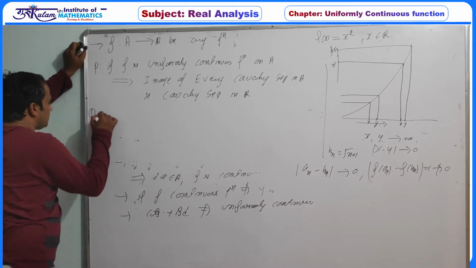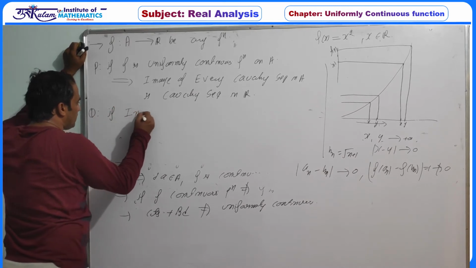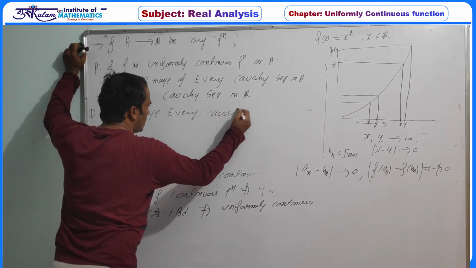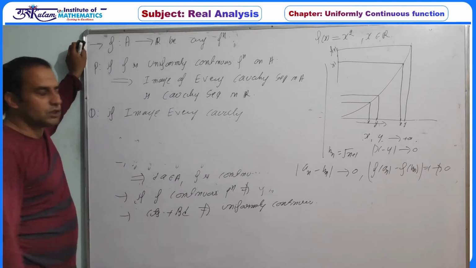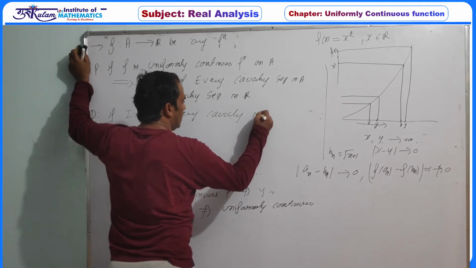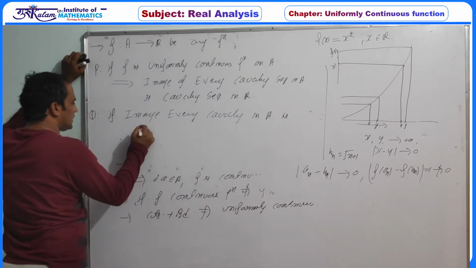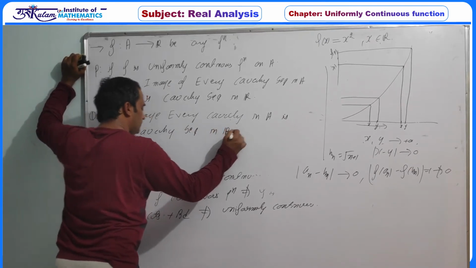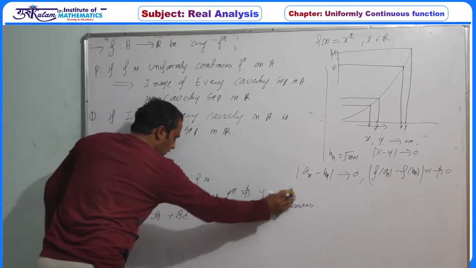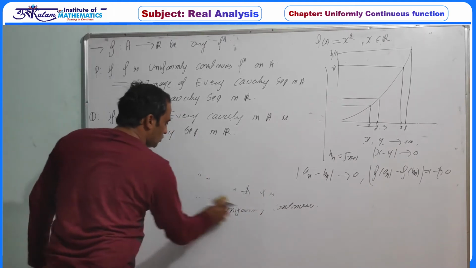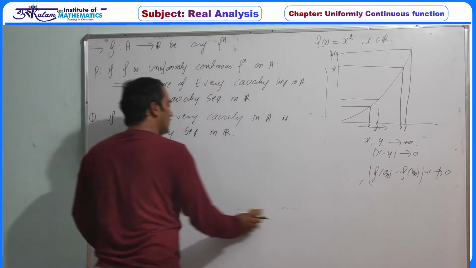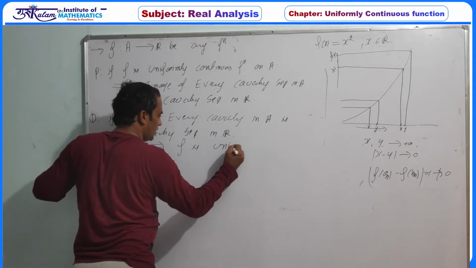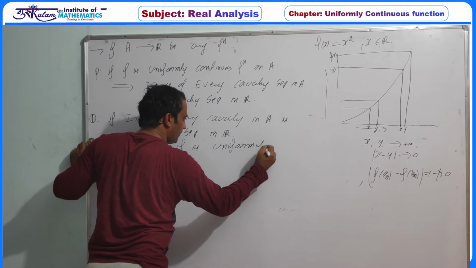And statement Q is: if the image of every Cauchy sequence in A is a Cauchy sequence in R with respect to this function, then this implies f is a uniformly continuous function.